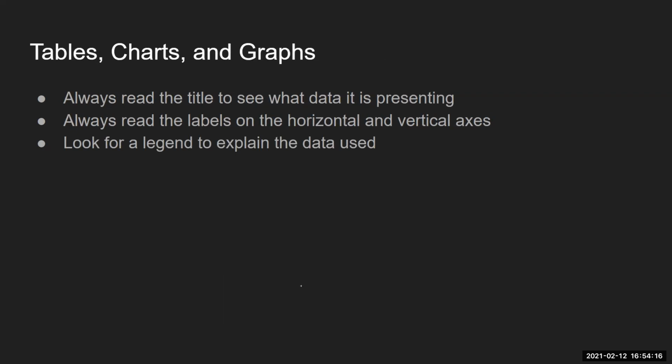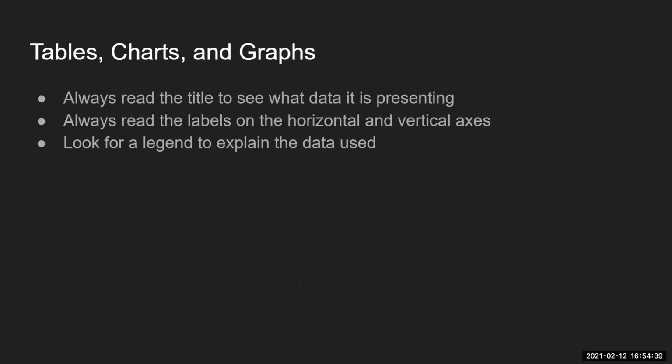Now, I think they said about 10 questions are going to come from data and measurement. So you're probably going to see some kind of graphs or charts or tables. You're going to have to be able to identify them and interpret the data in them. So always read the title of the chart, see what it's presenting to you.